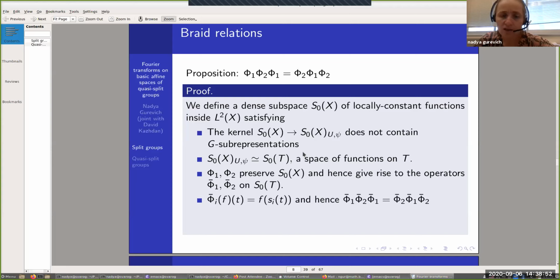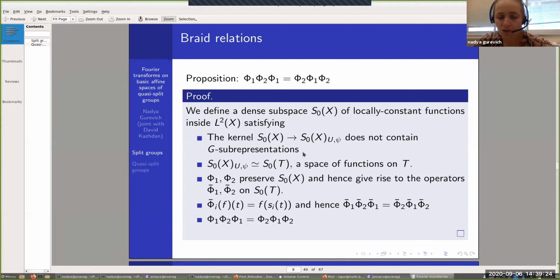And on this coinvariance, the action is just geometric, geometric through the action of T. So in this case, by definition, there is an equality of the reduced operators as operators on T, and because of the first property, and because the operators phi1, phi2, phi1 are in fact their images as G representations, from this follows the braid relation.